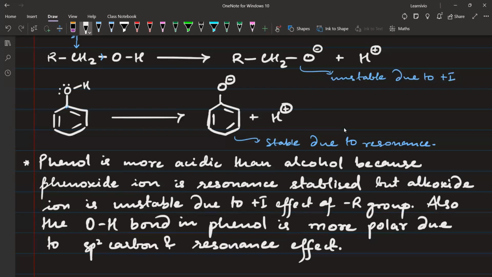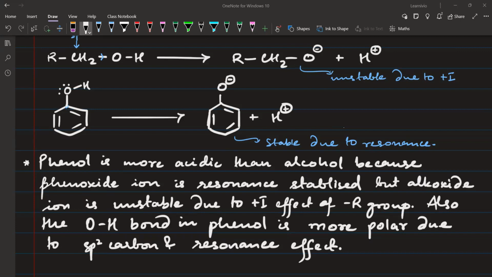ठीक है. This also की बात तो बिल्कुल ही आपके लिखना जरूरी नहीं है, but I am writing this because somewhere in the options you may get this. Like if they ask an MCQ and in the MCQ it is written: phenol is more acidic due to the following, and they have given listed reasons. Because phenoxide is more stable due to resonance. Next, उन्होंने reason लिख दिया ऐसे, alkoxide ion is more stable because of plus I group.